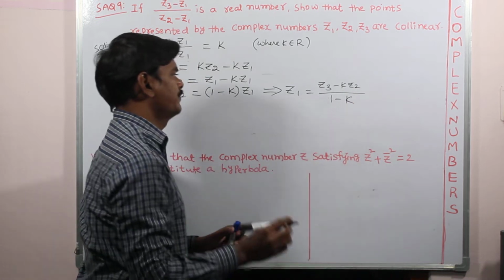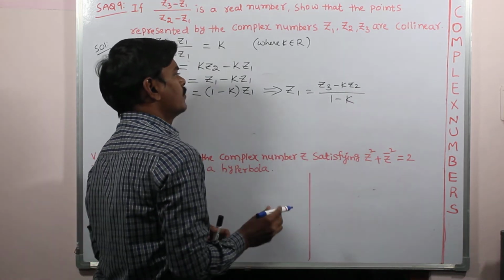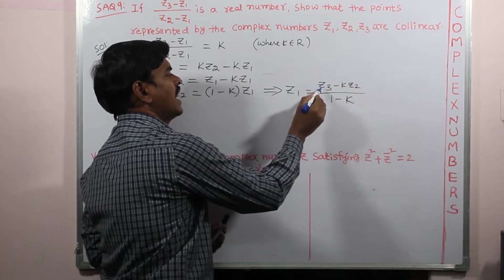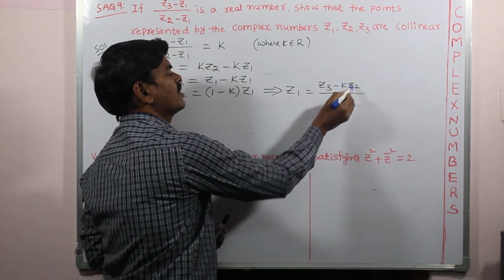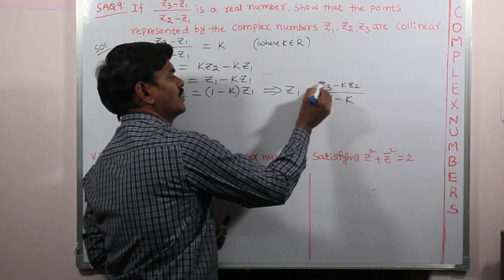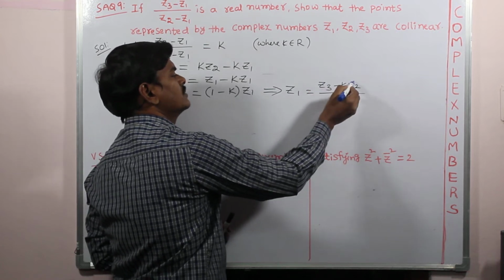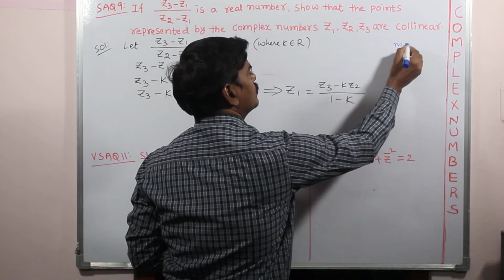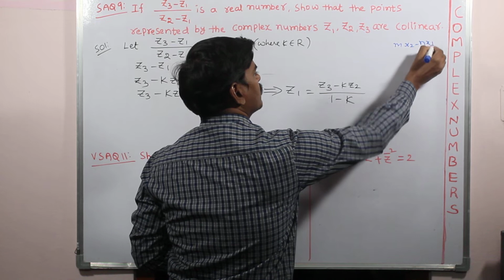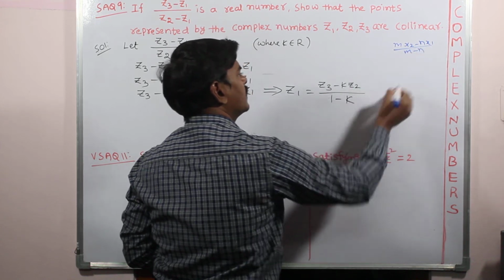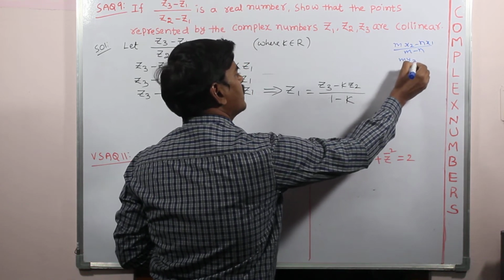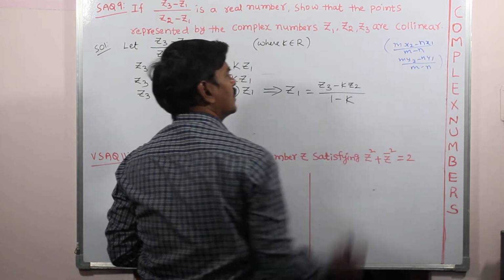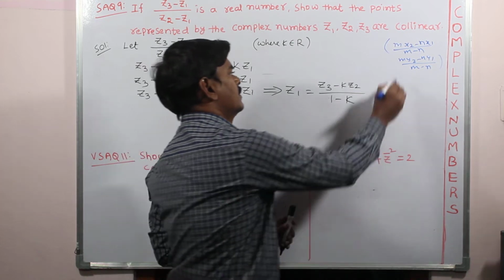If you observe, this is in the form of (m x2 minus n x1) by (m minus n). If you assume Z3 as x2 and Z2 as x1, then m x2 minus n x1 by m minus n, m y2 minus n y1 by m minus n. What can you recall?